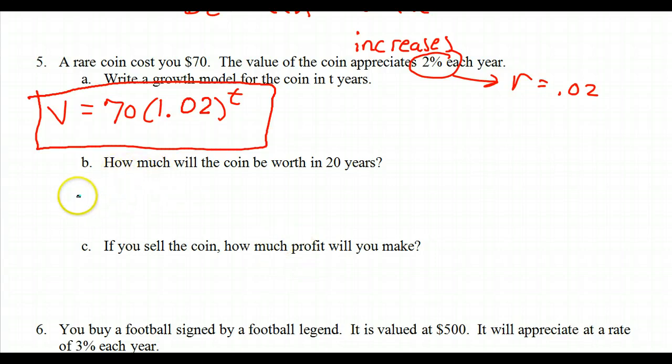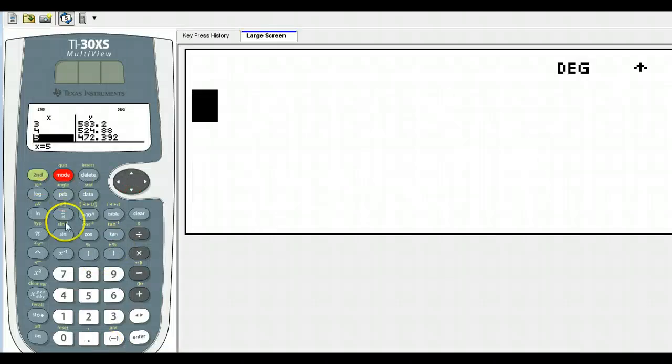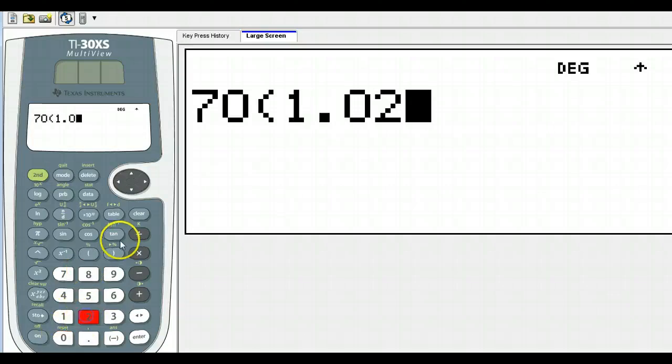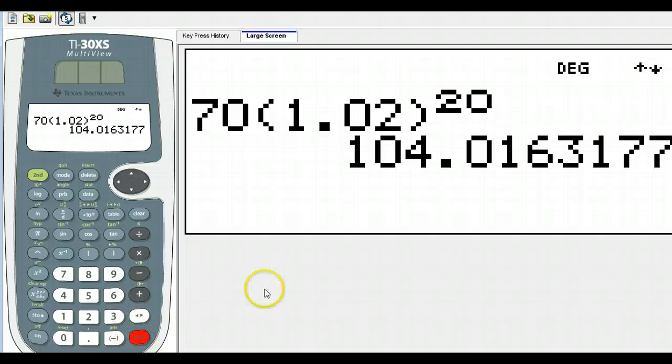Well, in 20 years, we will just use our model and put a 20 up there. So let's check that out. It'll be worth $104.02. I'm rounding up.